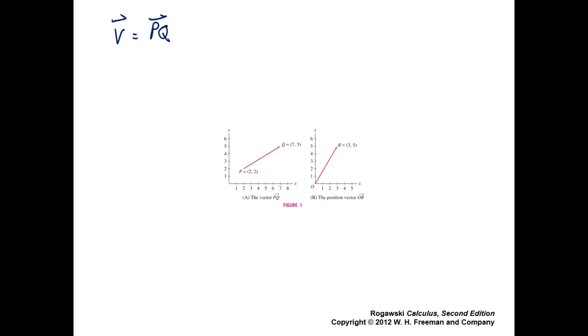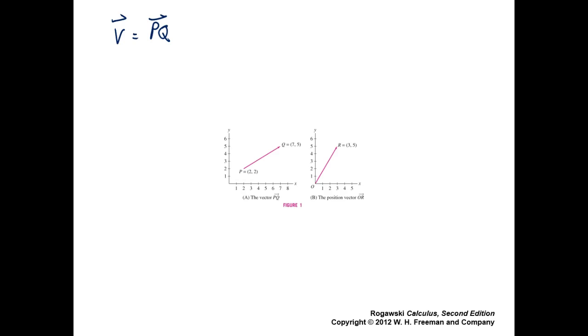The tail is the P, and the head is the Q. And, okay, we can draw a vector as an arrow pointing from P to Q, just like they've done here. Pointing from P to Q. If P's at that end and Q's at the pointed end, this is the head here, the tail there, okay? Pointing toward Q, okay?